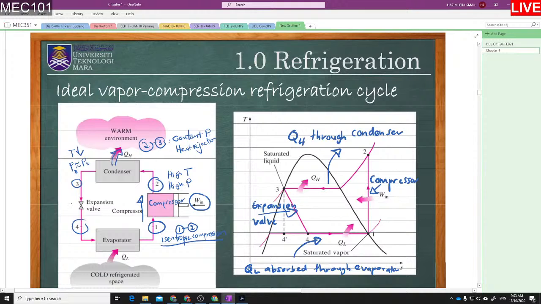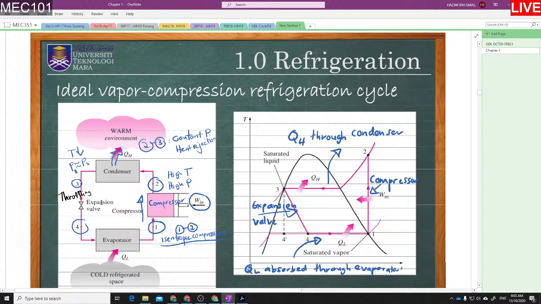Okay, so the process from state 3 to state 4, we call it throttling. Like you throttle your hose. Throttling. You squeeze your hose. You throttle your neck. So it will reduce the pressure.